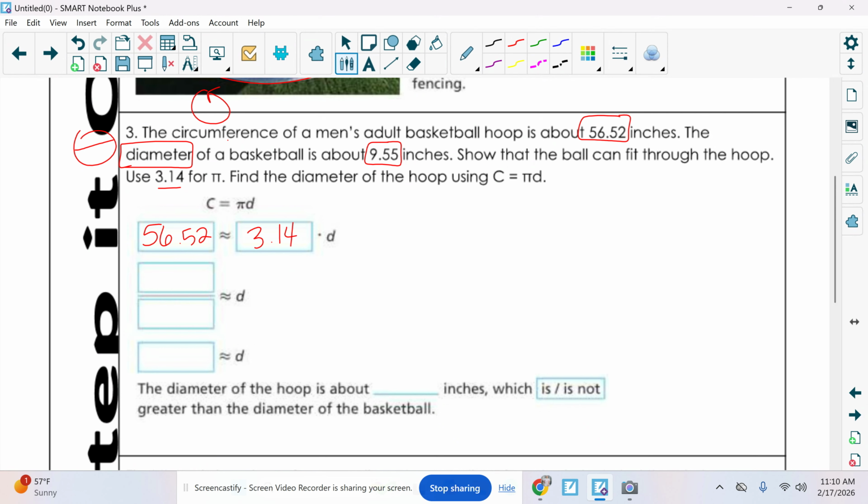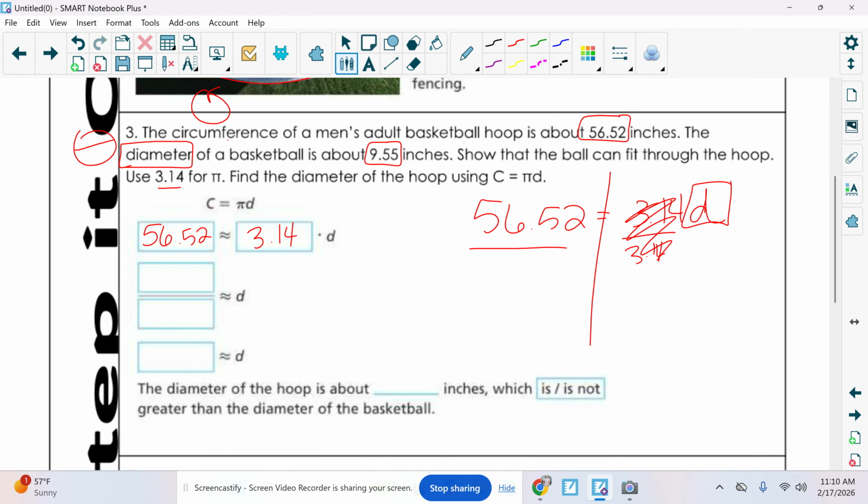So now we can solve for D. I have 56.52 equals 3.14 D. Part the waters like Moses do. Isolate the variable. Do the opposite. So right now it's multiplying, so we need to divide on both sides. That goes away. So we end up with 56.52 over 3.14, which gives me 18.